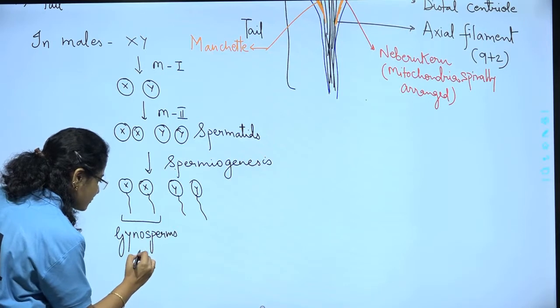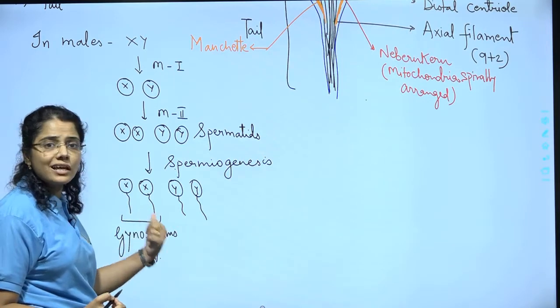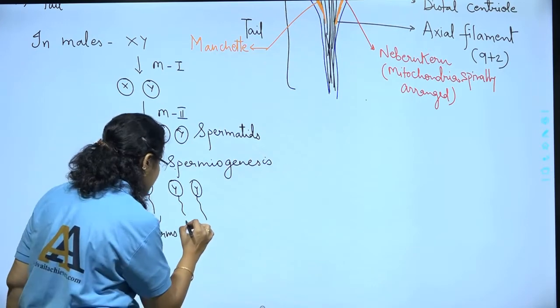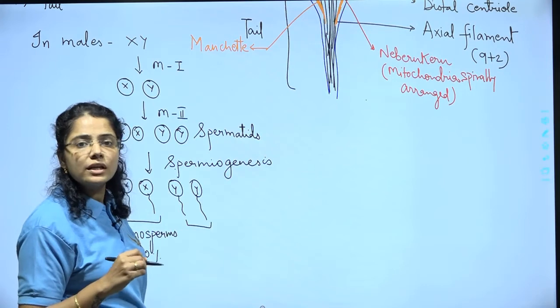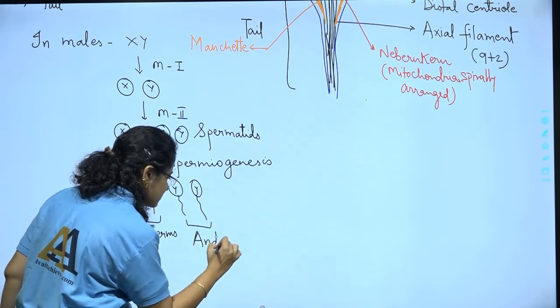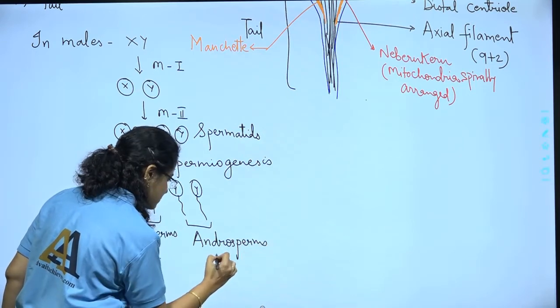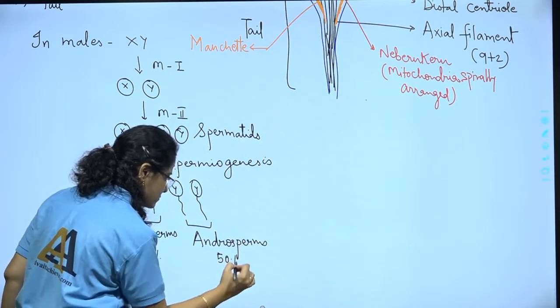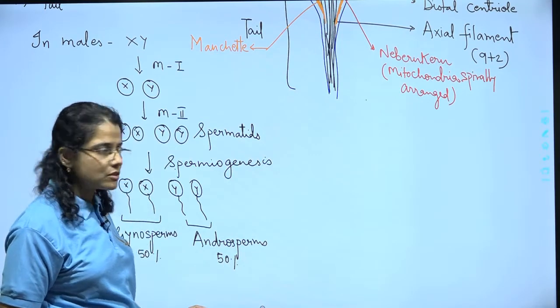So 50% of the sperms will be gynosperms, those with the X chromosome, and 50% of the sperms which have the Y chromosome are called androsperms. Gynosperms and androsperms. This is also clear?